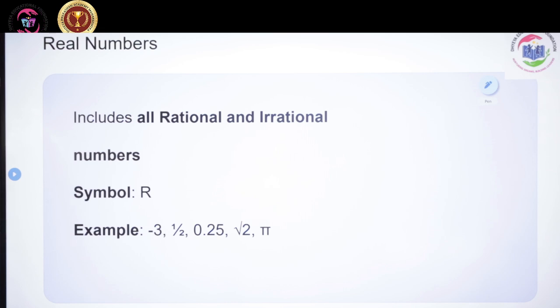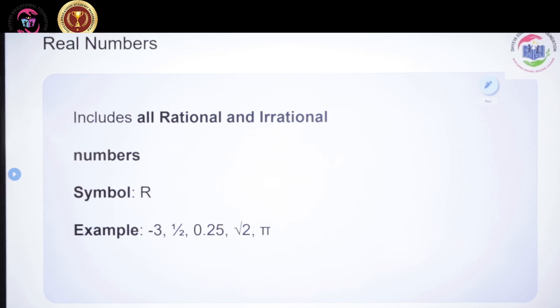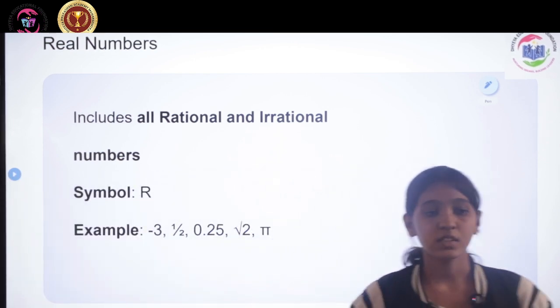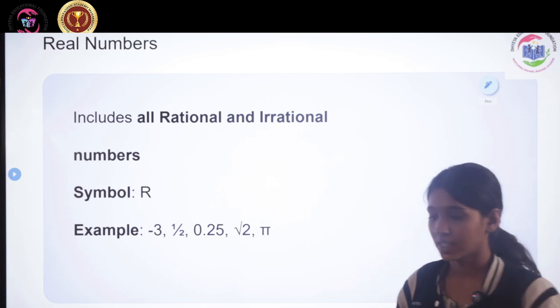And real numbers. What is a real number? A real number contains all types of numbers. It is a superset of all the numbers.